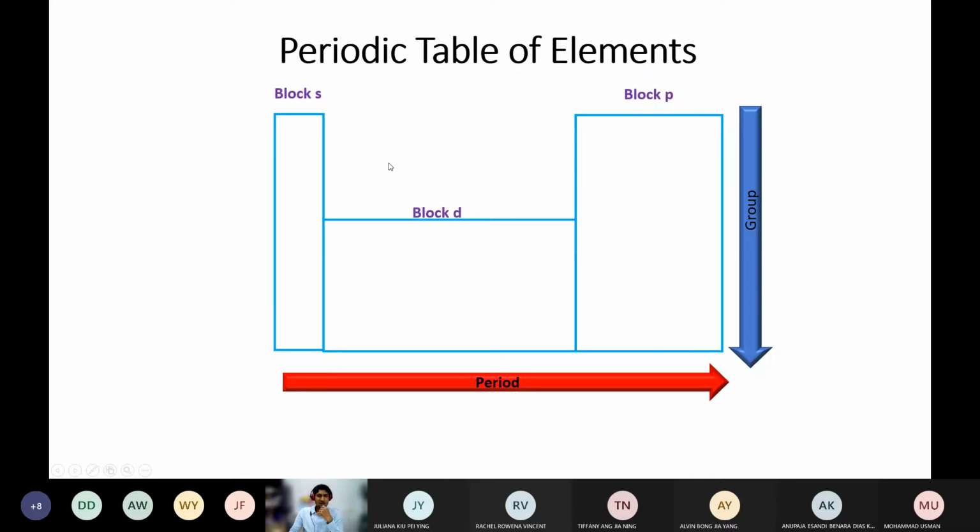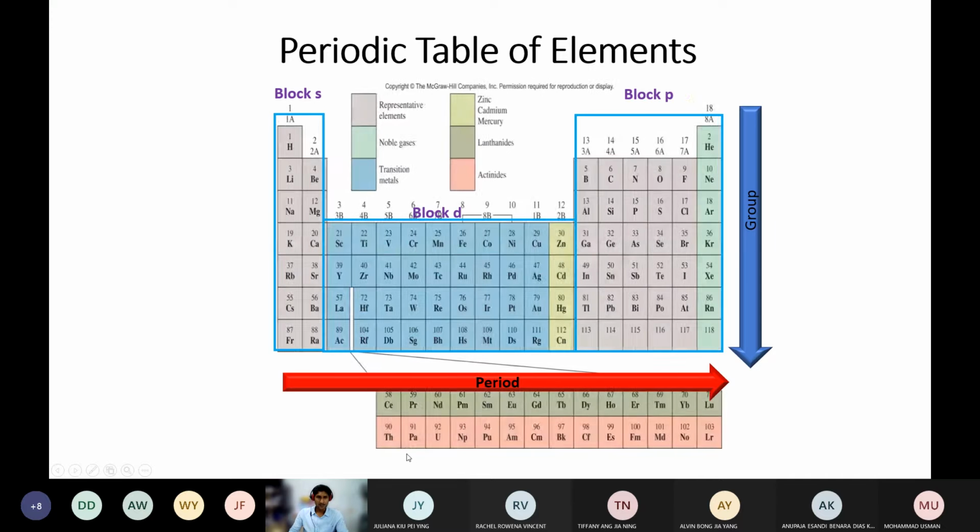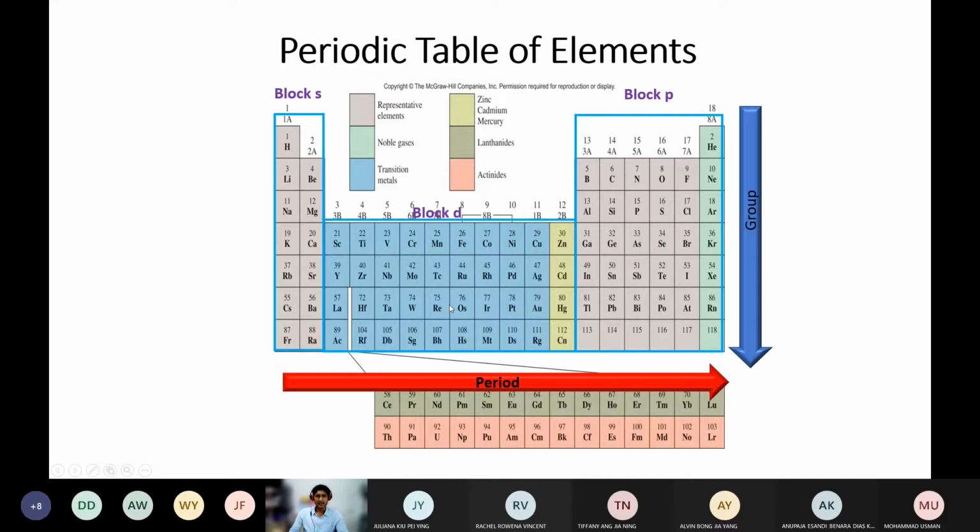Okay, so we have already seen that we can divide this periodic table into a few blocks: S, P, D, and F. We will not discuss the F one, but the S, P, and D blocks.